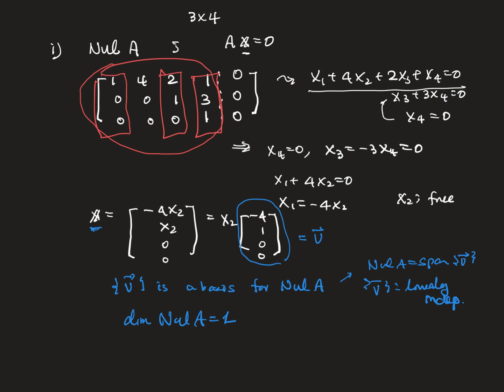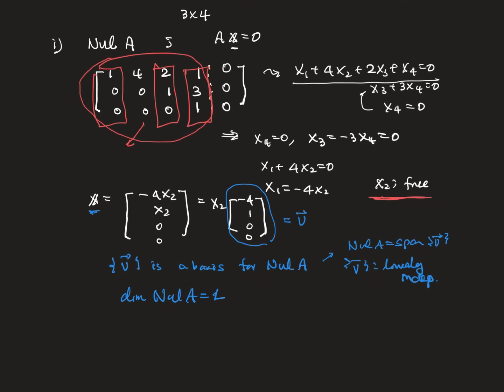How many non-pivot columns are there? Just one, right? So that's another way to find the dimension of the null space. You have only one free variable, x2, so that defines the dimension of the null space too. We're going to come back to this later, guys.